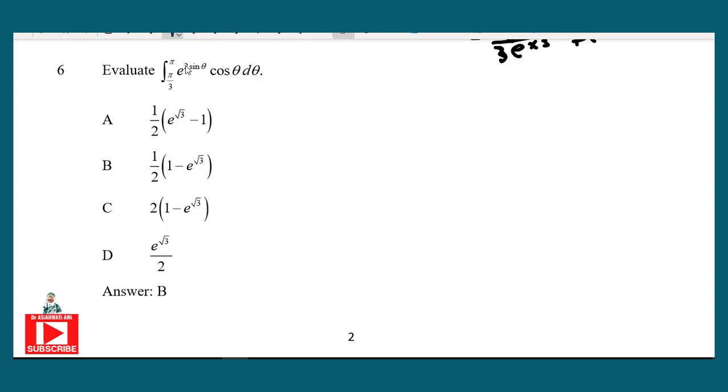Number 6. Evaluate the integral of e power 2 sin theta cos theta from pi over 3 to pi with respect to theta. The power is sin theta; differentiate sin to get cos. So we can use the basic rule of integration. Let f(x) equal 2 sin theta.